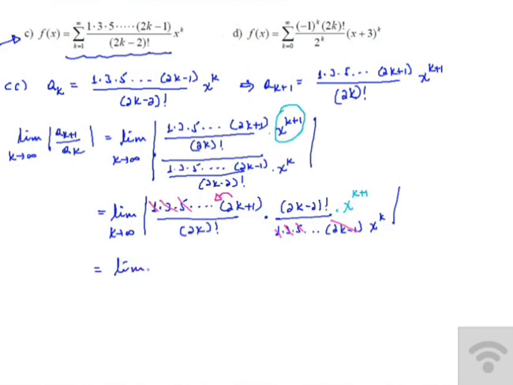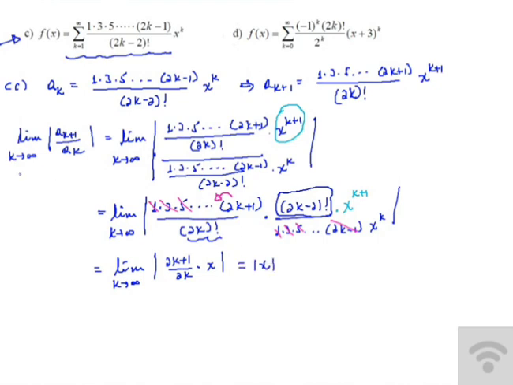The limit of 2k plus 1 over 2k times x as k approaches infinity. Okay, so ይሄንንና ይሄንን simplify ማድረግ ያስፈልጋል ማለት ነው። So this limit becomes the absolute value of x.